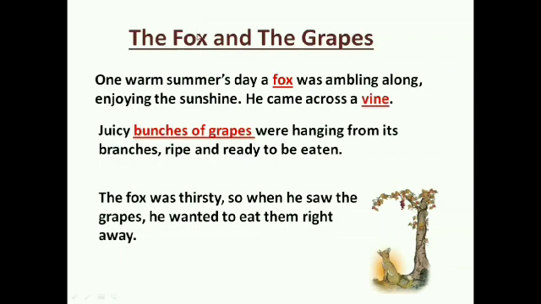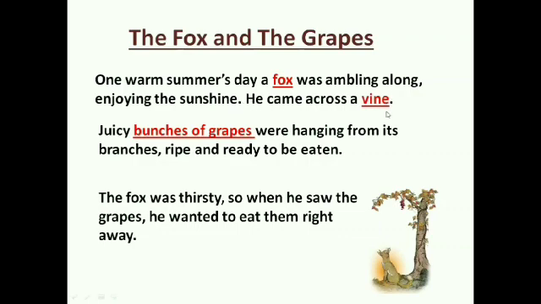Mr. Wolf. So, for example, one warm summer's day, a wolf was ambling along, enjoying the sunshine. Be careful, your sentence has to make sense. So each time you write a sentence, of course, review your success criteria. But on top of that, you have to read it again and make sure it makes sense. Good.